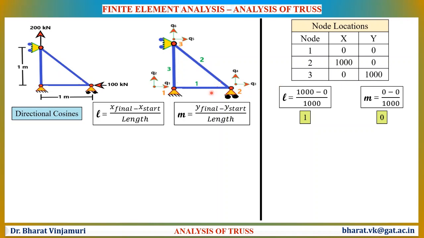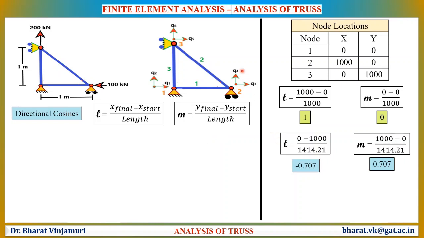Here 1000 corresponds to the x coordinate of final node of element number 2, that is 2, and 0 corresponds to the x coordinate of the starting node of element number 1, that is 0 in this case. Similarly, M corresponds to the y coordinates of starting and final nodes of element number 1.